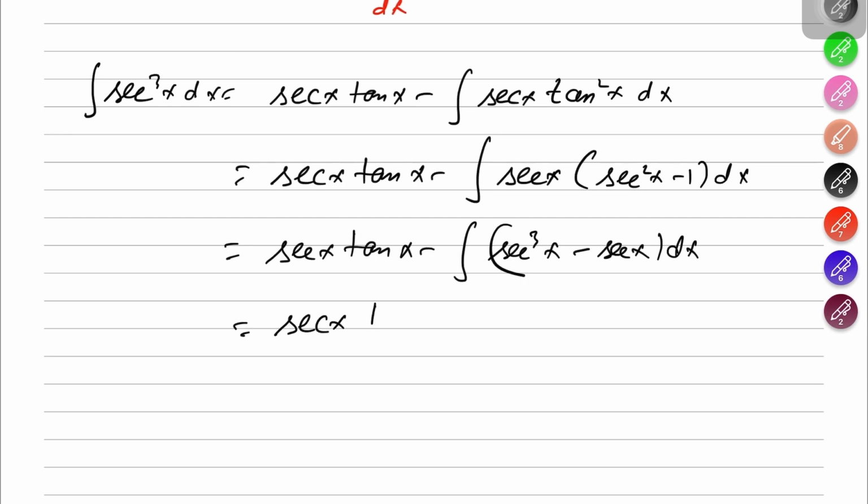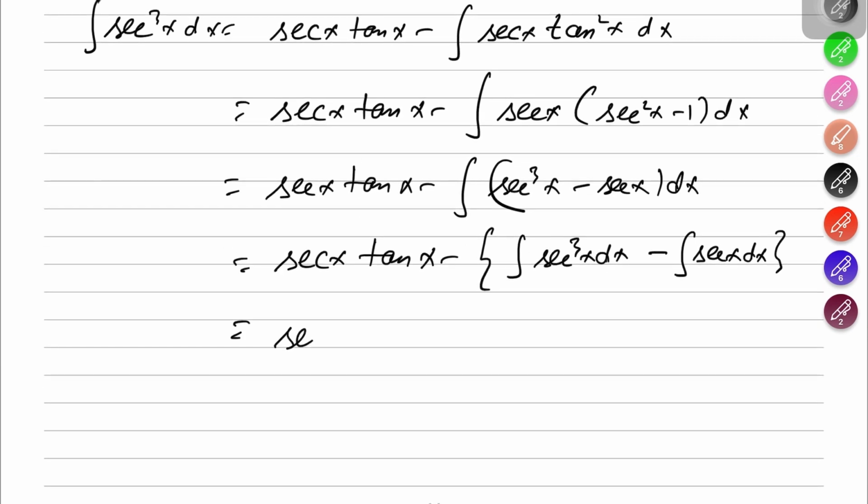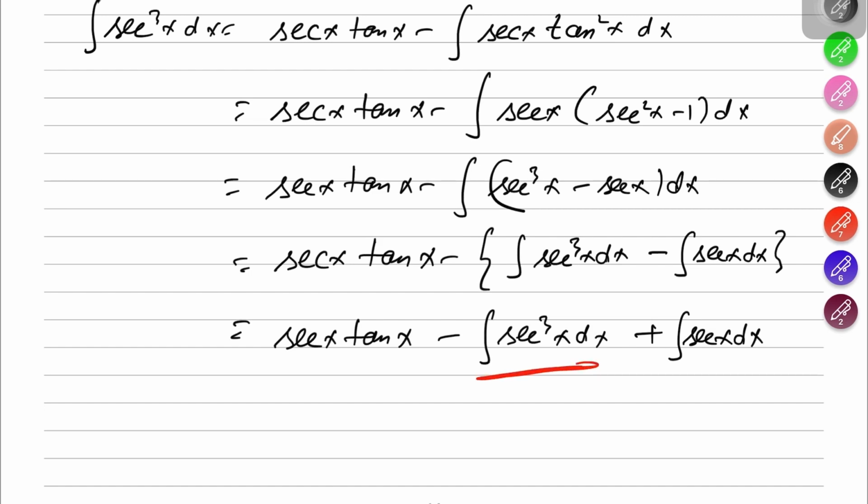It will be sec x tan x minus the integral of sec cube x dx, and this minus the integral of sec x dx, and just opening it, we get sec x tan x minus the integral of sec cube x dx, and this plus the integral of sec x dx. Okay, and you observe that this particular sec cube x is the same as this function.